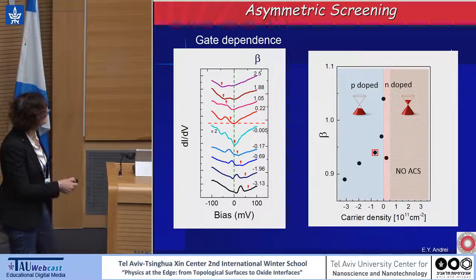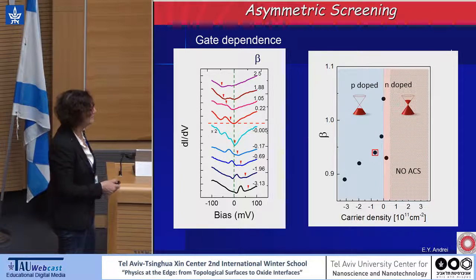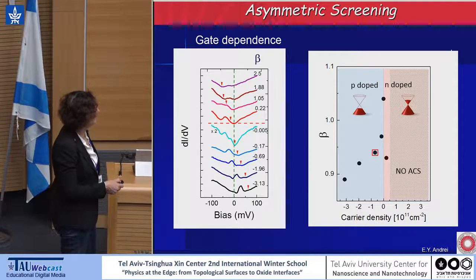And these are the betas as a function of gating. You get a pretty large beta when you're strongly in the hole sector. So this is p-doped, this is n-doped, this is where the Dirac point is.